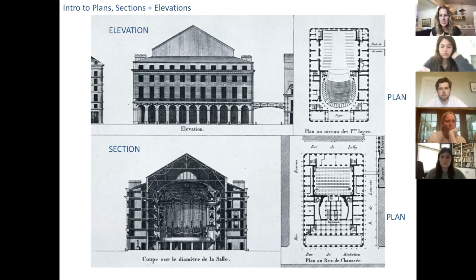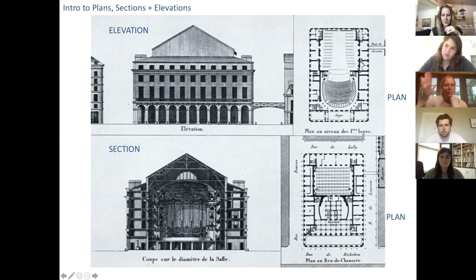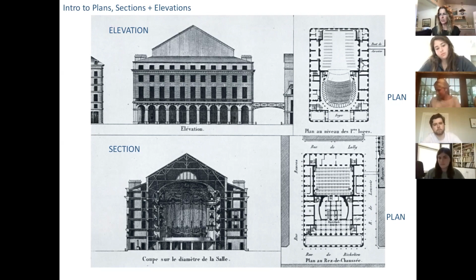Okay, good. What about a section? Meredith? So I kind of think of it as the inner workings of the building. Like when they showed the cake in that last PowerPoint, if you would cut it in half and see what goes into the insides of it or what's holding it up, I guess. Yeah, perfect. Great job. So it's as if we took the building that's in the elevation up here. I'm pointing and you guys aren't seeing it. In this elevation, we're looking at that building.